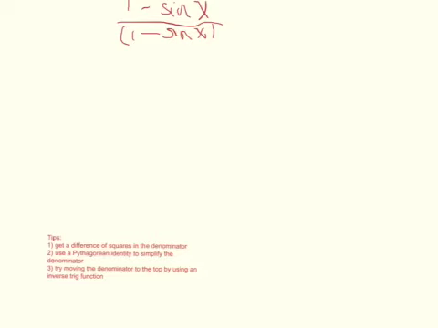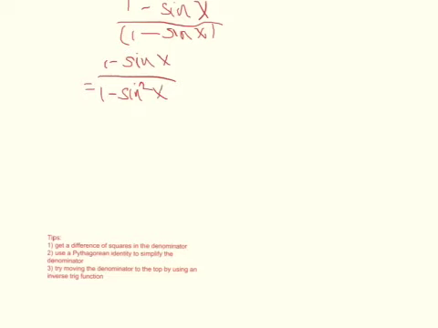So it's 1. It's like multiplying by 1 here. Alright, so when I do that, I'm going to get 1 minus sine x in our numerator. And then in our denominator, I'm going to get 1 subtract sine squared x.